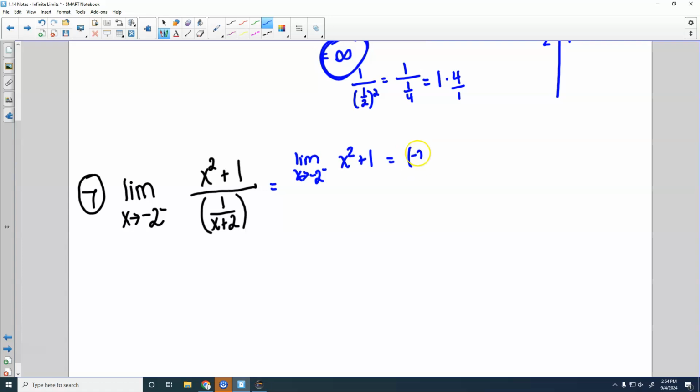That would just be -2 squared plus 1, which is 4 plus 1, which is 5. In the bottom, I've got the limit as x approaches -2 from the left of 1 over x plus 2. If I try to plug in -2, what do I get?